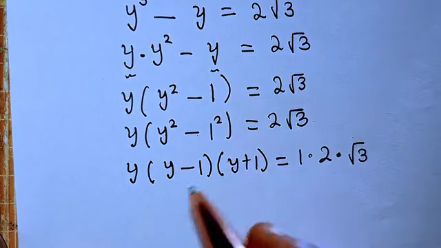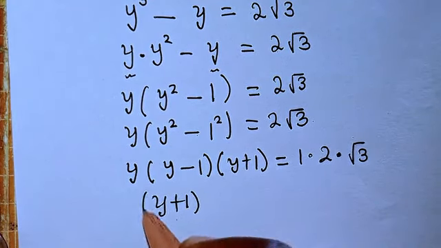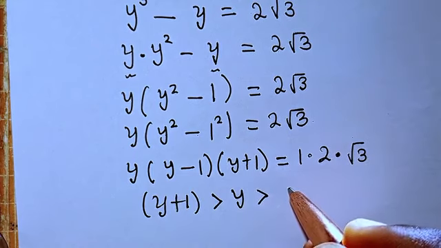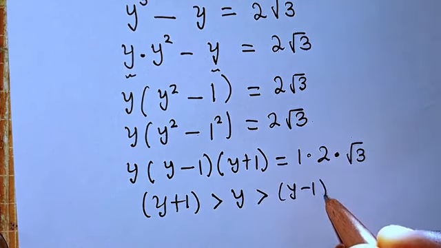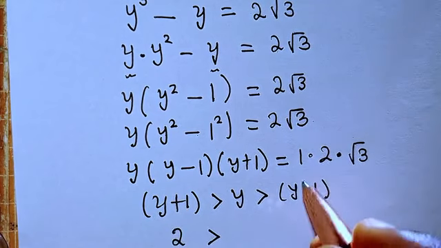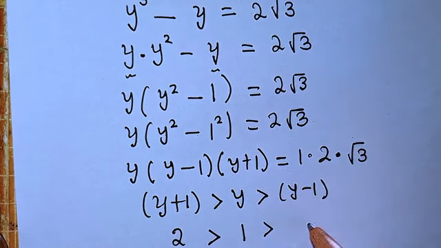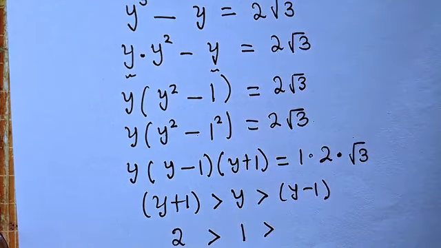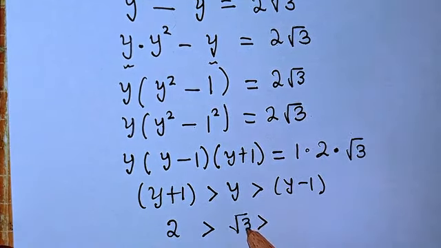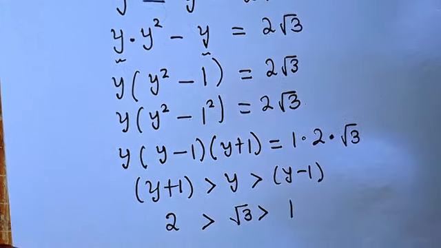So according to this, you see that y plus 1 is greater than y, and y is greater than y minus 1, as 2 is greater than root 3, and root 3 is greater than 1, right?